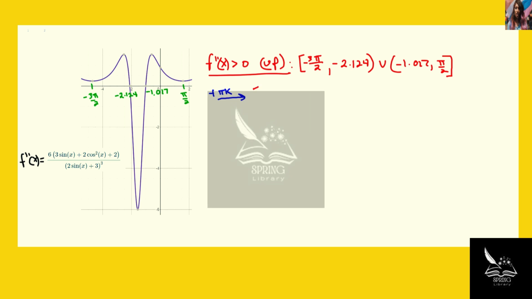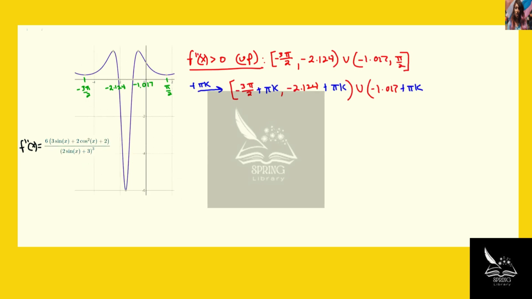And that's going to give us negative 3 pi halves, including the endpoint, plus pi k, to negative 2.124 plus pi k, and then we exclude that endpoint, and then we union it with negative 1.017 plus pi k. Now let me zoom out a little bit. And then pi half plus pi k.